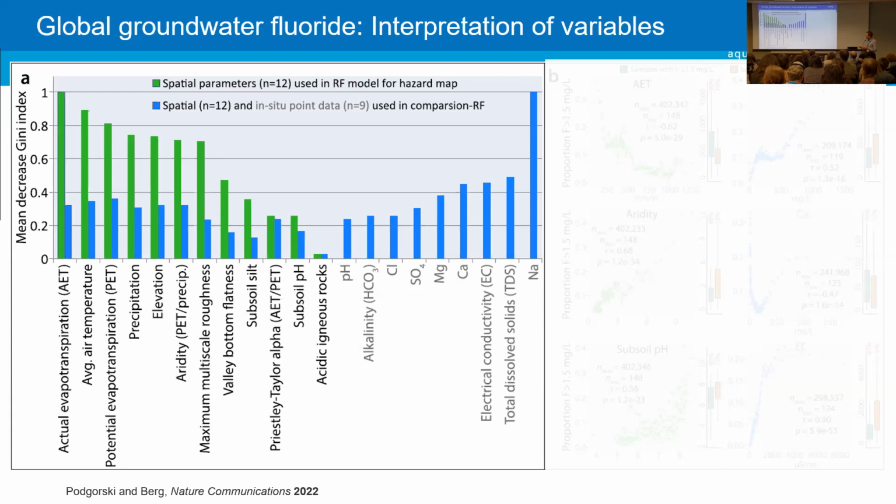The blue bars actually represent a different model that I ran that we could not create a map of, because I included many physical chemical parameters that are measured in situ, like calcium and electrical conductivity and things like that. That's all these blue bars. Obviously we cannot create a map out of predictors that are available only at point locations, but it's still useful for understanding the processes at work here.